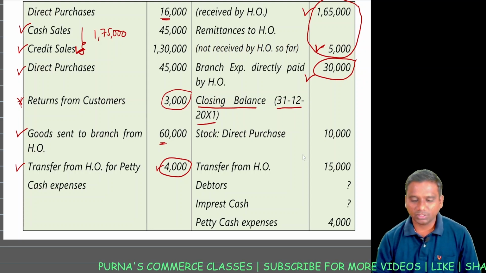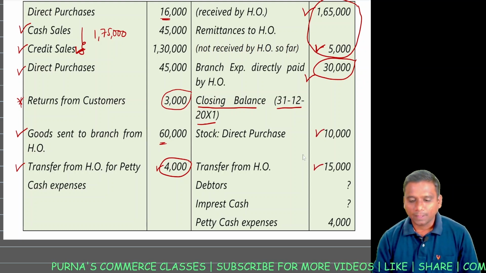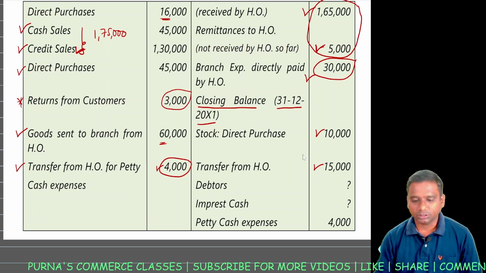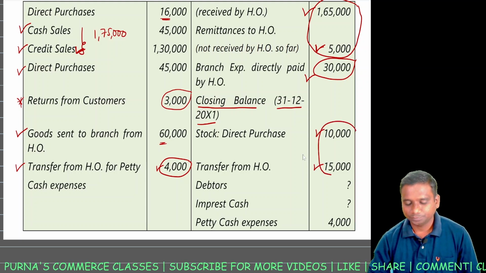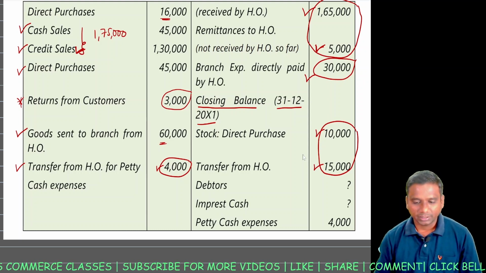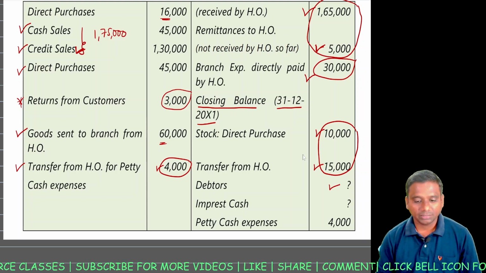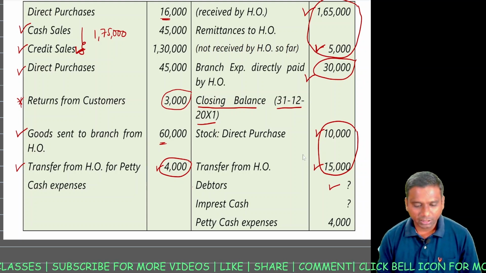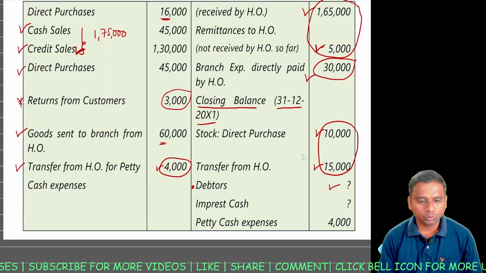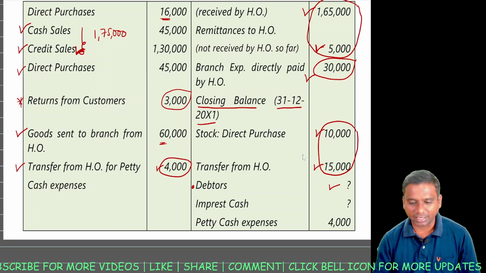Look at how much stock we have: out of direct purchases 10,000, out of head office transfer 15,000. Total stock available 25,000. Next, debtors, they have not given this information. Debtors means we sold goods on credit, so debtors arise. Next, imprest cash.